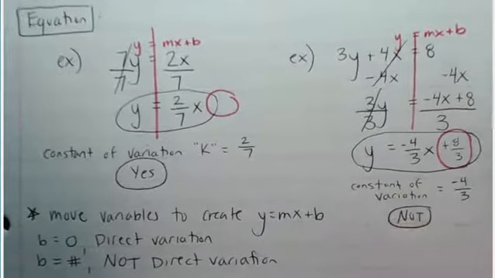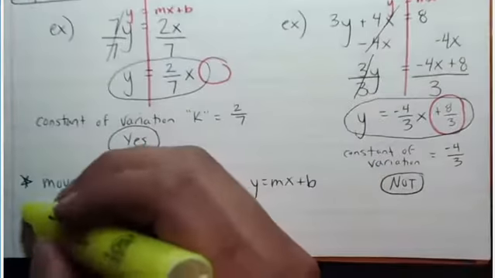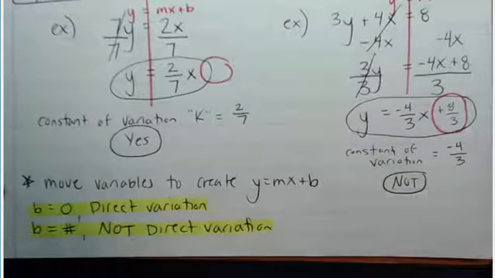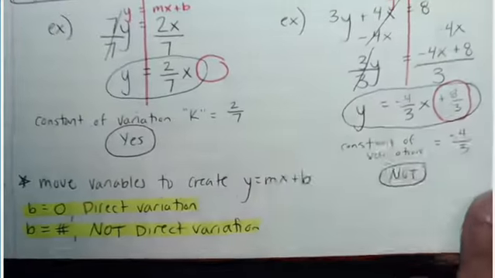Now I want you to highlight those two. Again, when we're dealing with an equation, if b is 0, that means it goes through the origin and it is a direct variation. And if b is a number, it's not a direct variation. Okay, that was from an equation.